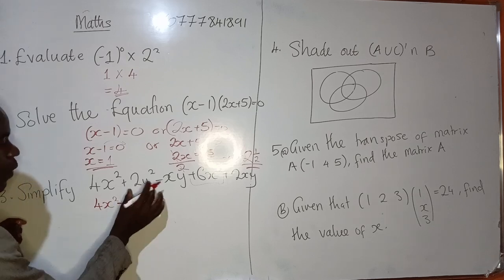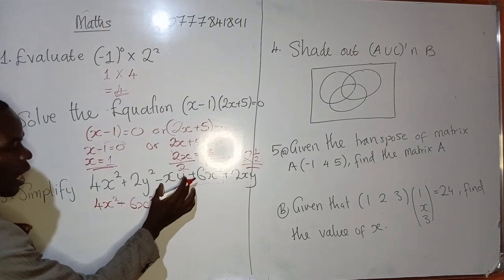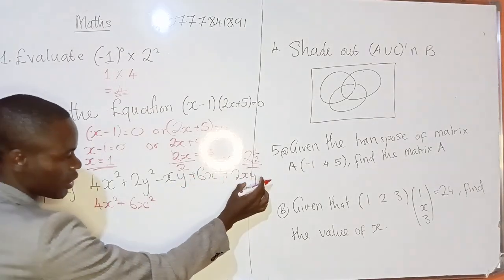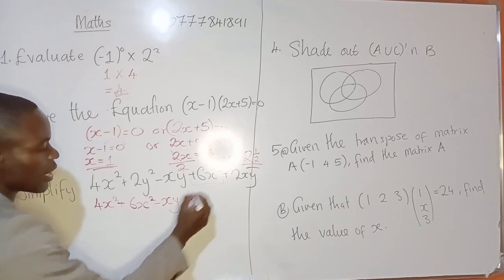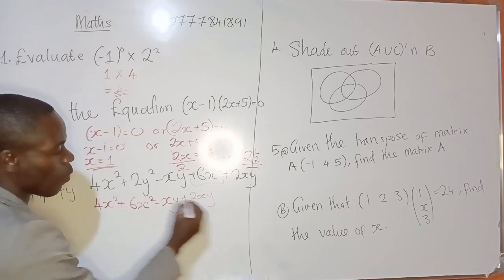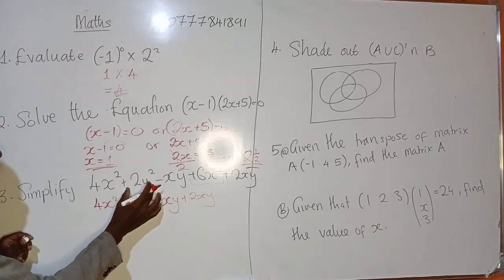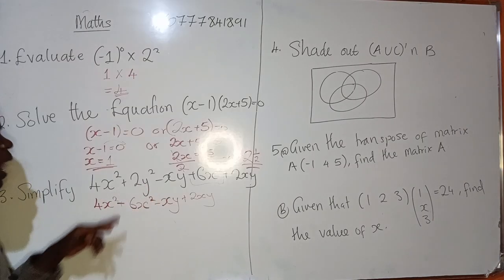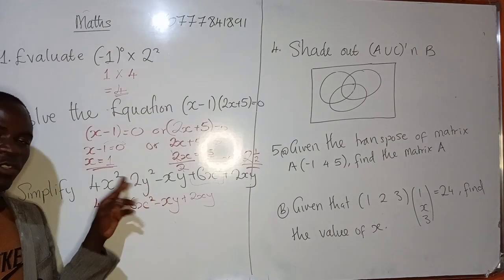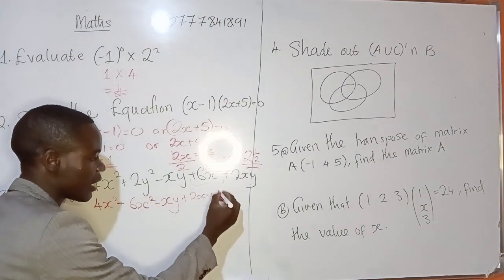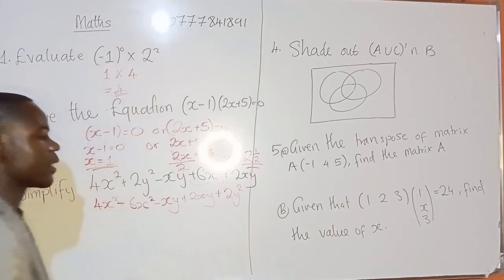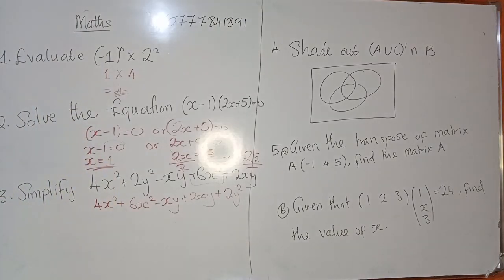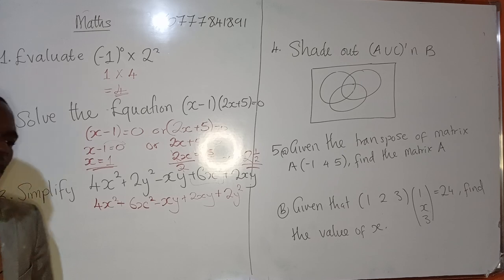Then we get xy, and this is also xy, so we have negative xy and then positive 2xy. This one has no like term, there is no other term with y squared, so we just write it at the end like that, which is 2y squared, because we can't add or subtract unlike terms. Are we getting the point? Okay, very good.